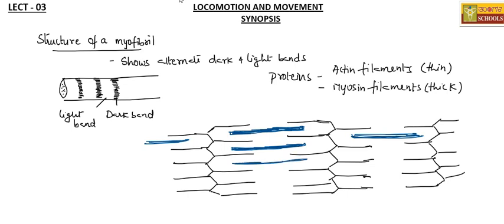Another myosin filament, and again a myosin filament. On this we find some special structures which will form cross bridges. Later we'll see how the cross bridges work in contraction.